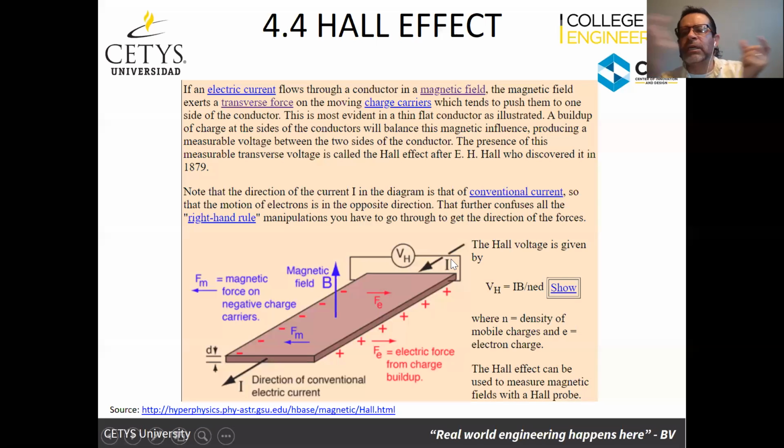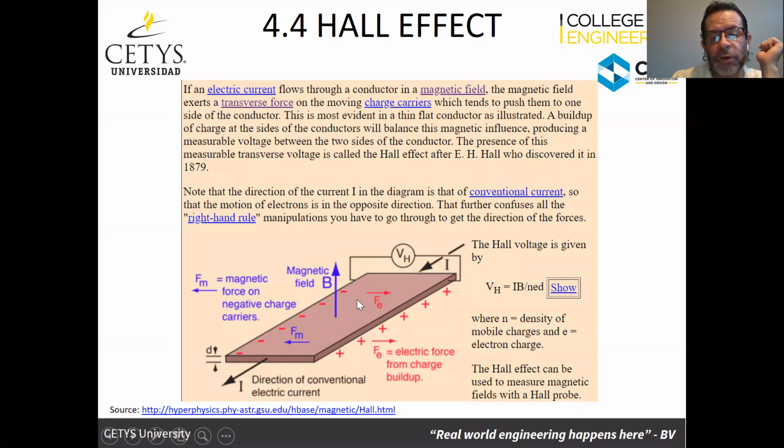In this example, the conductor isn't necessarily seen as a wire. It's seen like a plaque of a certain material that has a certain charge density. And we've got a current, represented by I, going through the material from one point to the other. Then we've got a magnetic field that's perpendicular to this flow of current. In this case, the magnetic field is going upwards, perpendicular to the movement.